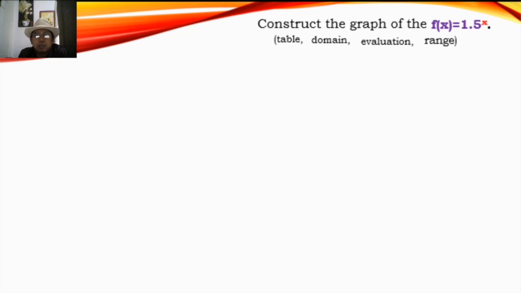After having the table, we determine the domain. The next step is the evaluation of the function, wherein we make use of the possible values of the domain. After that, we come up with the values of the function, which is the range.